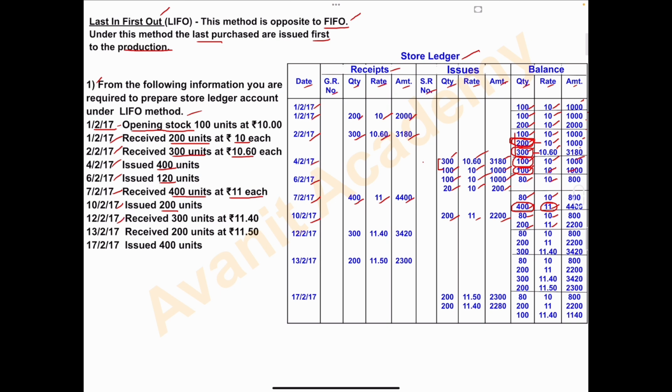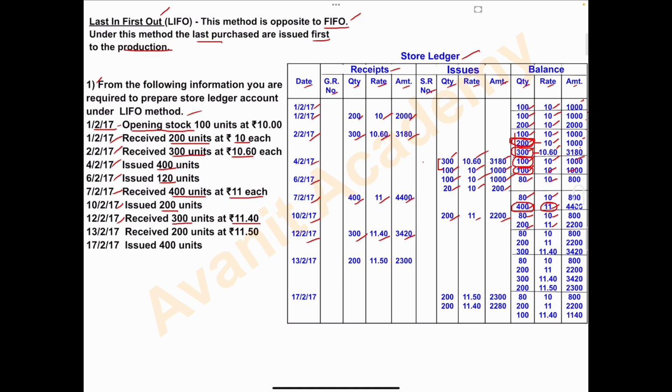12th February, received 300 units at rupees 11.40. Received, we'll take in receipts column. 12th February, number of units is 300, rate per unit 11.40, 300 into 11.40, amount is 3,420. Issues column nil.